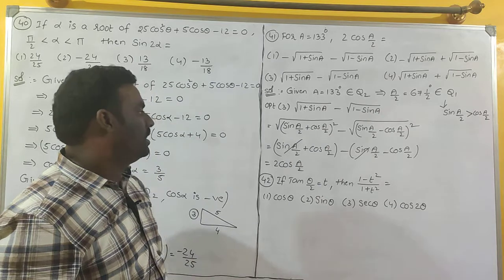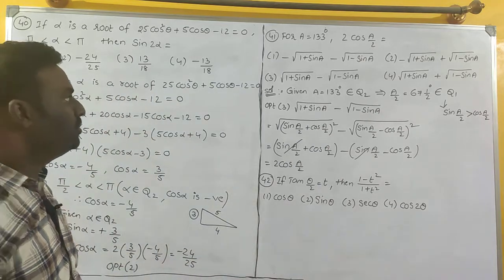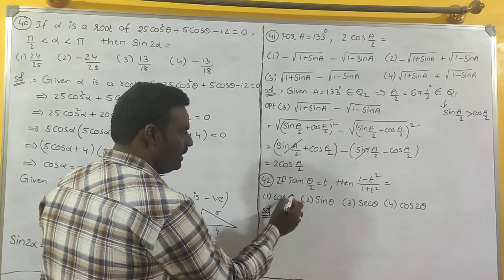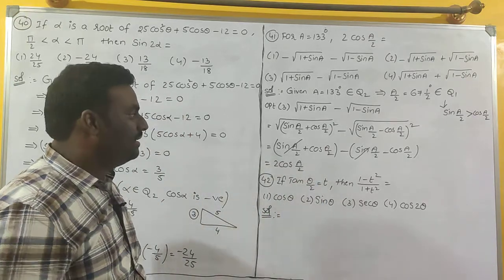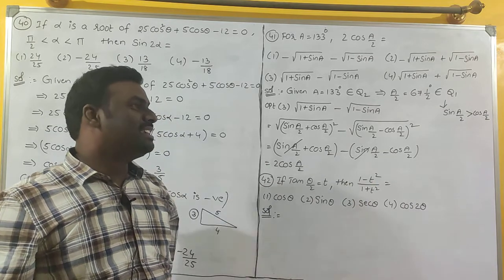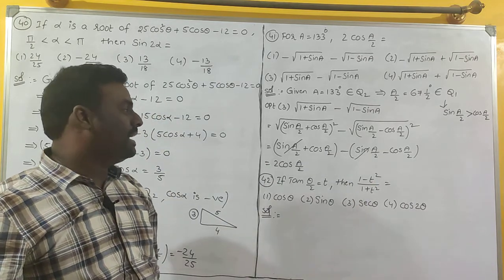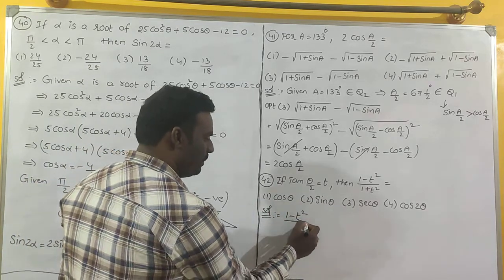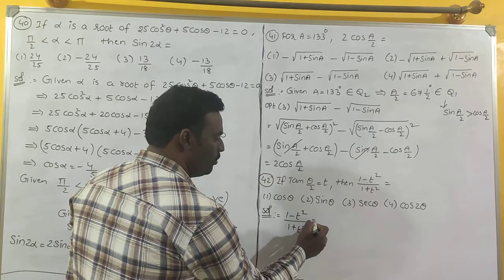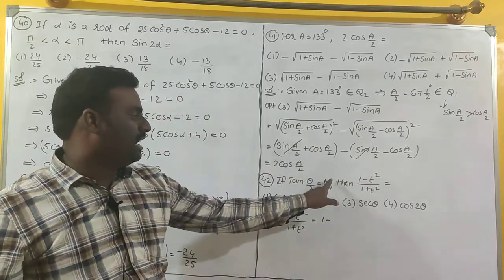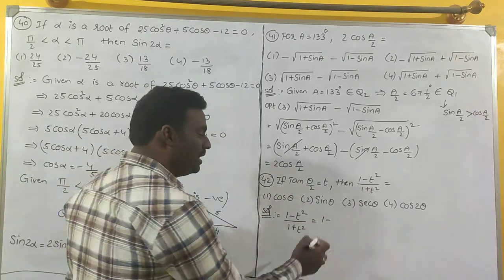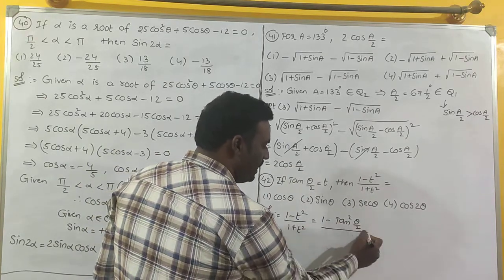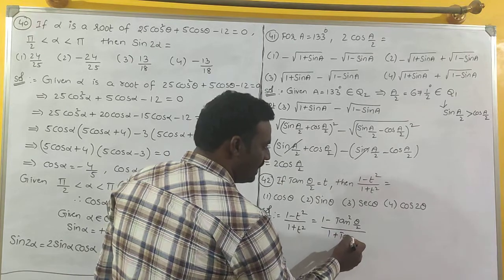Okay. Now coming to question number 42. See, listen. In question number 42, tan theta by 2 is equal to t. Then we need to find 1 minus t square by 1 plus t square. That equals 1 minus, in place of t you substitute tan theta by 2, that is nothing but 1 minus tan square theta by 2 by 1 plus tan square theta by 2.